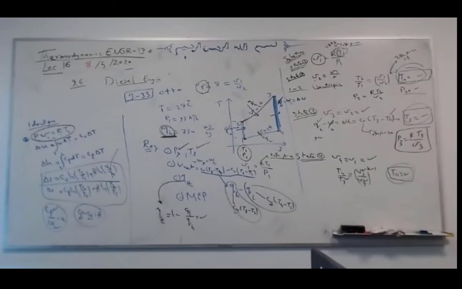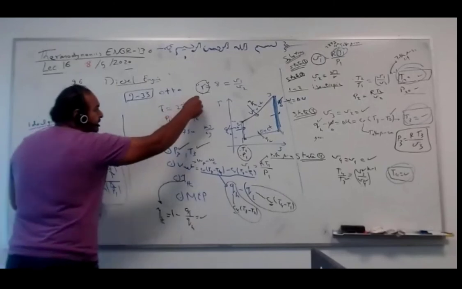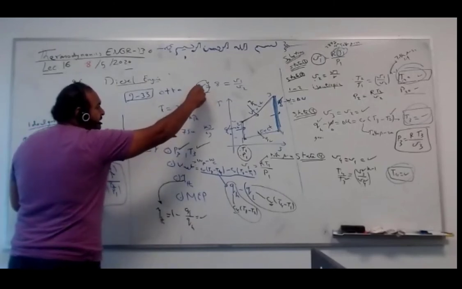There is another way, guys. Can somebody tell me how I can get eta thermal differently, using only this guy?